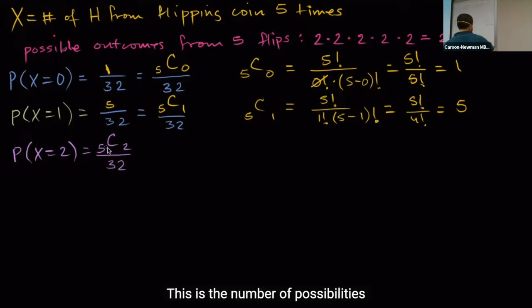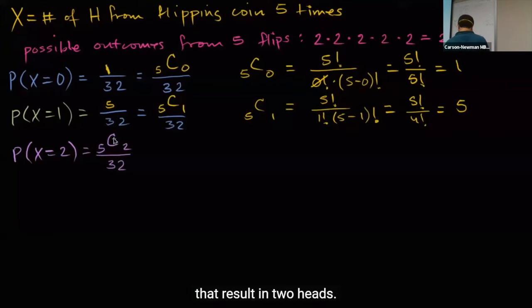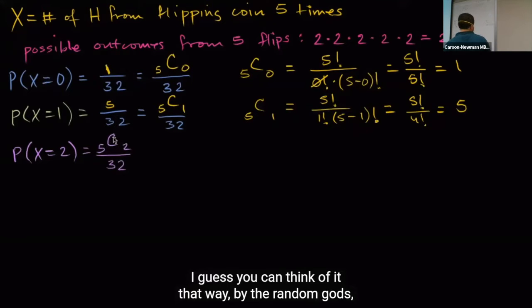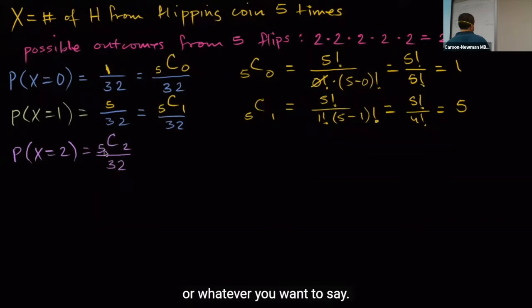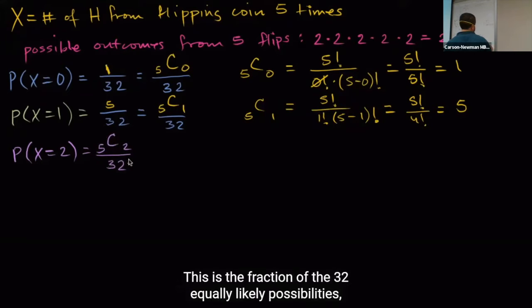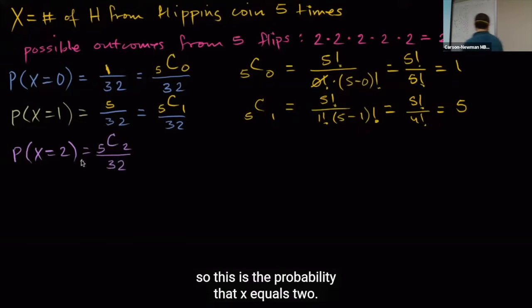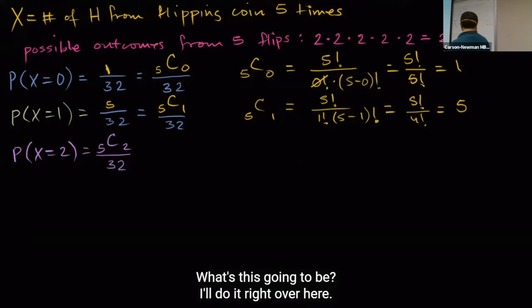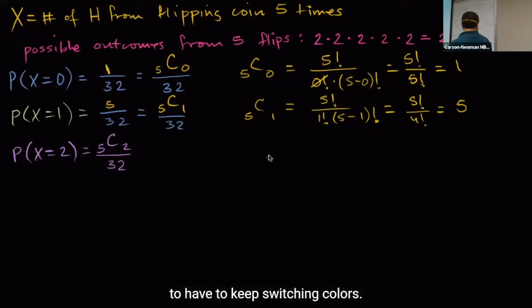This is the number of possibilities that result in two heads, where 2 of the 5 flips are chosen to be heads. And so this is the fraction of the 32 equally likely possibilities. So this is the probability that x equals 2. Well, what's this going to be?